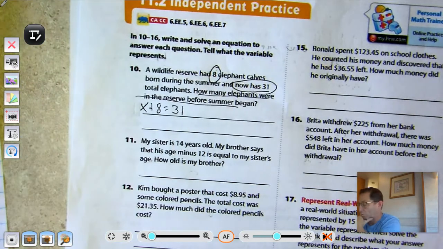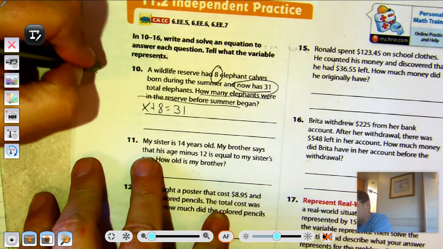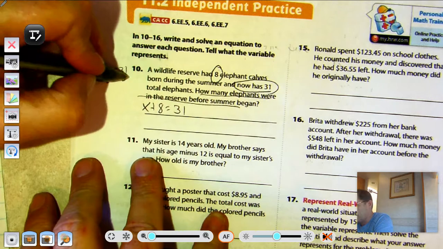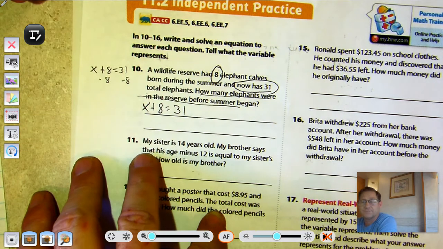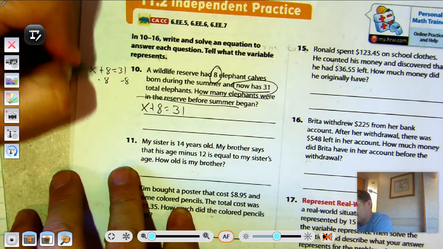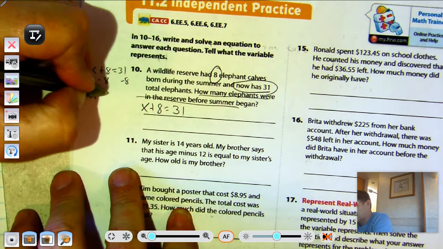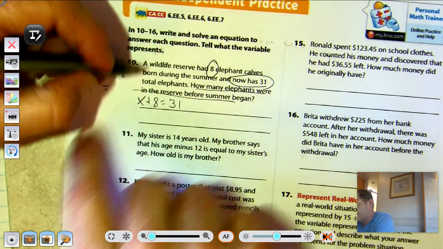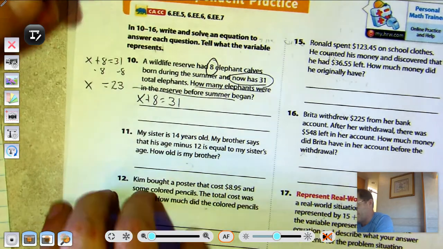Okay, so what can we do to solve that? Well, we're going to subtract 8 from both sides. I'm going to use the inverse operation of addition to both sides of the problem. By subtracting 8, that leaves me 0. And 31 take away 8 leaves me 23.